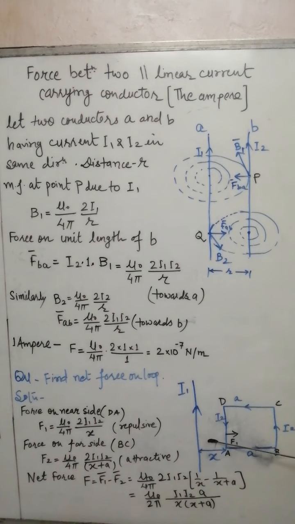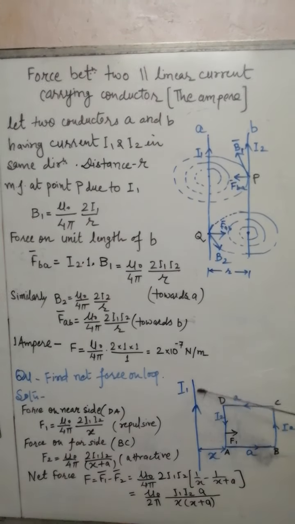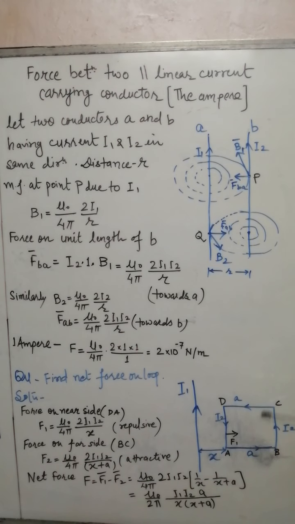Because the distance of this side from the current carrying wire is x, and it is repulsive. We can get it by using Fleming's left hand rule. This is the direction of current. If you draw magnetic field lines here, at any point you will get the magnetic field pointing into the paper.